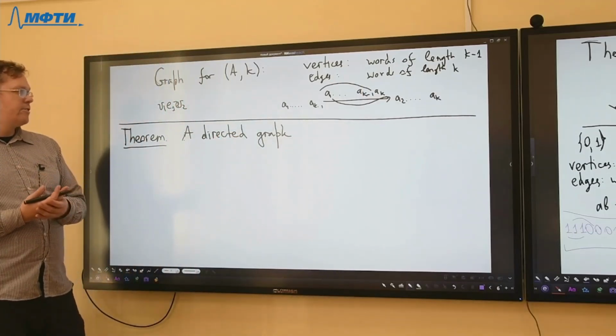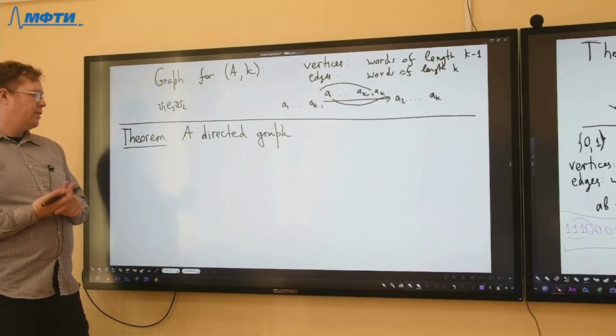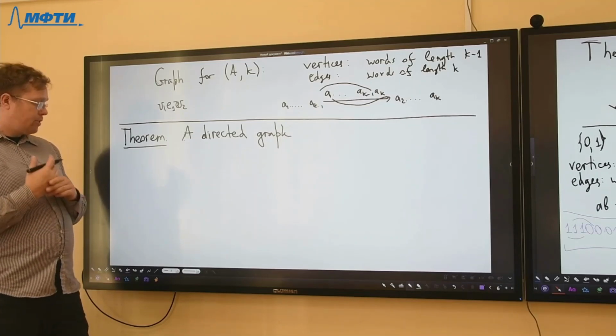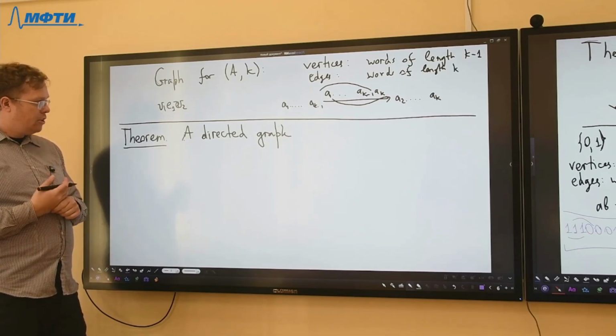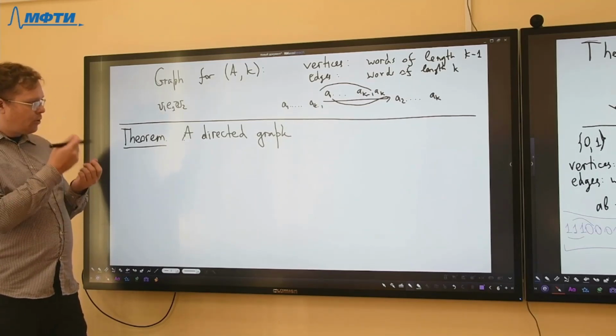So the directed graph is Euler if we can provide a cycle, a circuit, which contains all the edges of this graph, and of course it will be an oriented circuit.